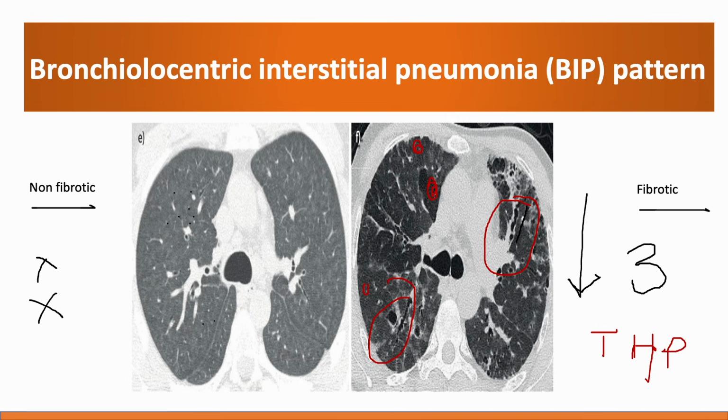So, instead of calling it a fibrotic BIP pattern, in accordance with the clinical practice guidelines on HP, the typical HP pattern can be represented like this. You may also get scattered cysts like the one here in this pattern.